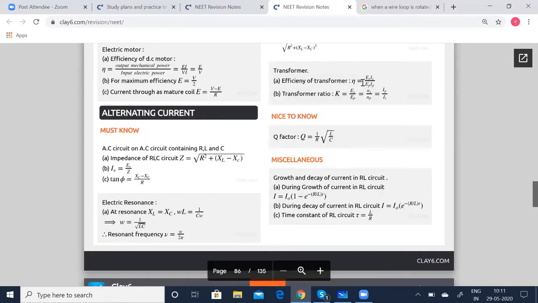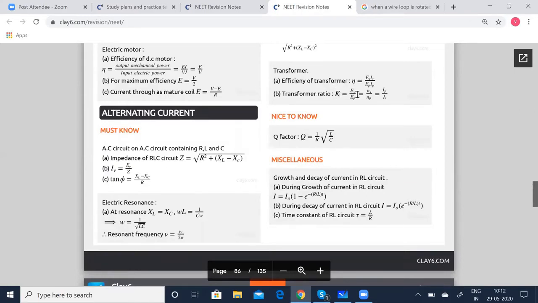So the efficiency of a transformer is given by eta is equal to ES IS divided by EP IP, where ES is the EMF of the secondary coil, and IS stands for the current in the secondary coil. EP is the EMF in the primary coil, and IP is the current in the primary coil.